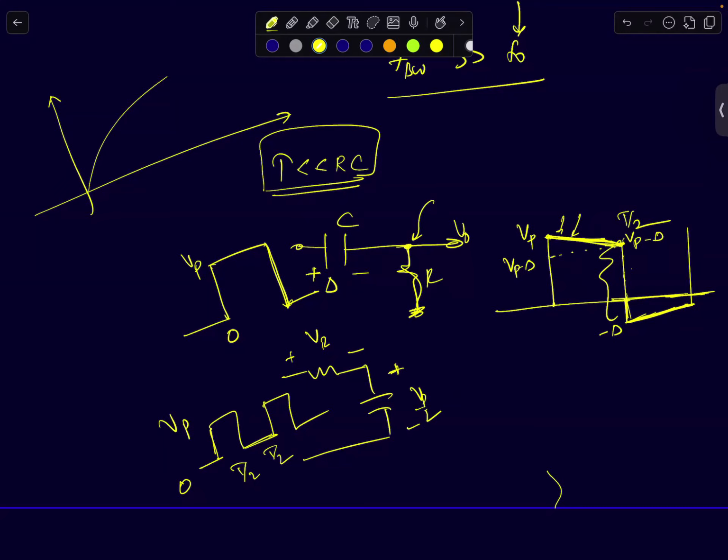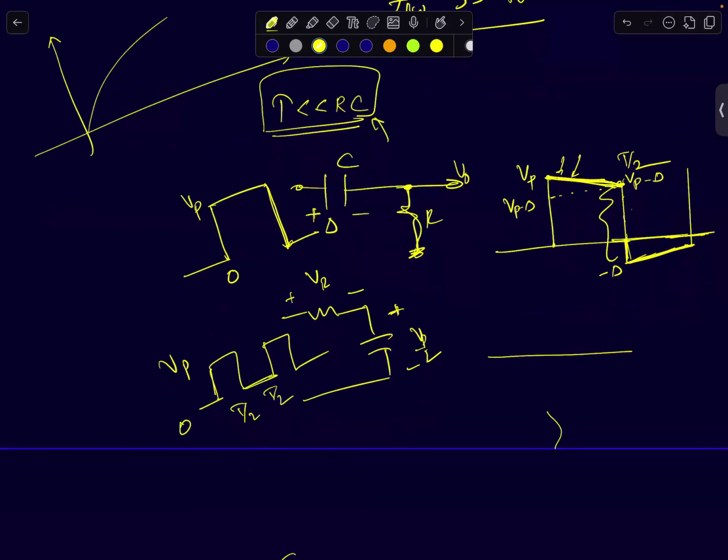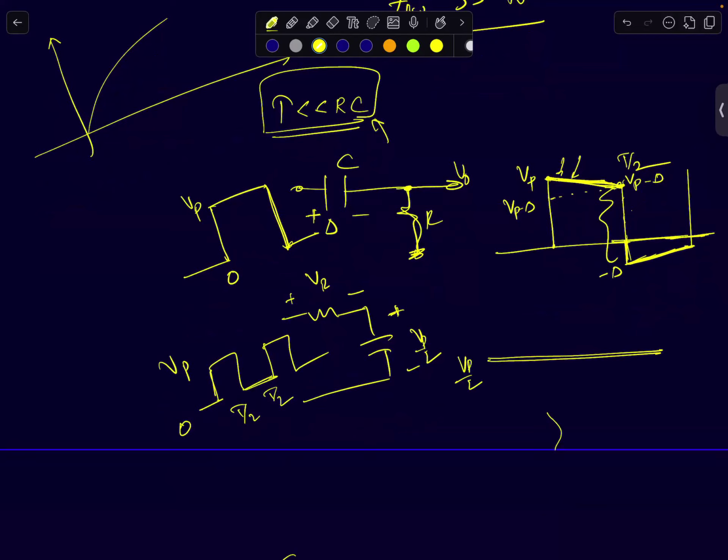Now, let me use this condition. The condition that I'm going to say is that your time period is much smaller compared to this. So eventually, the capacitor will reach a voltage of V peak by 2. But keep in mind, every time you have a step change in the input, what can I say about the step change in the output?